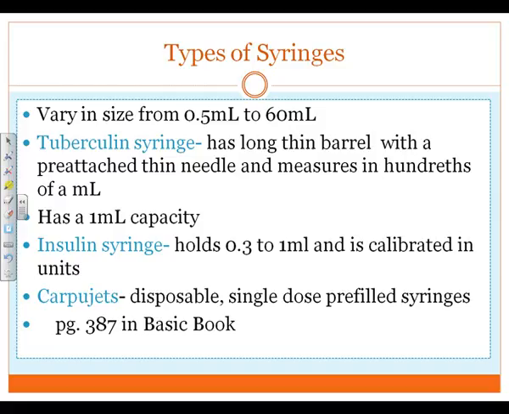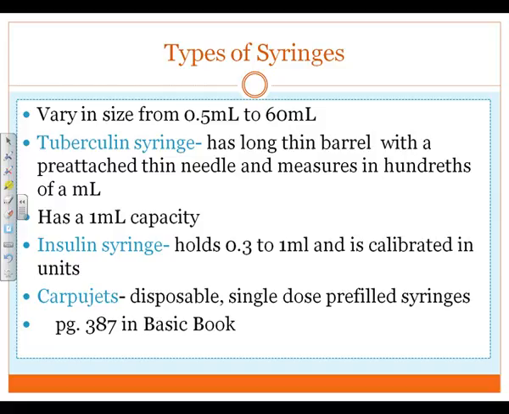Now, we don't go in there with a 60 milliliter syringe and give medication. But there are reasons that we have really big syringes, like for spinal taps or a lumbar puncture. Those use larger syringes because they're pulling back fluid. The syringes that we put medication in through a PEG tube or an NG tube are bigger. The ones you use for giving somebody an injection are usually 5 milliliters or less.